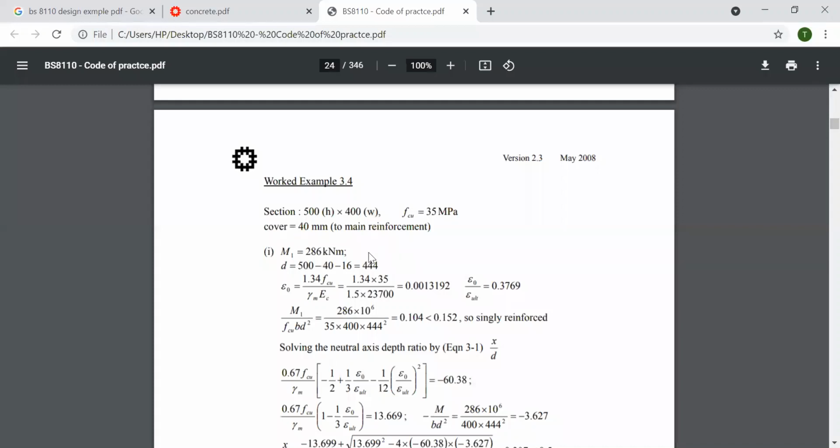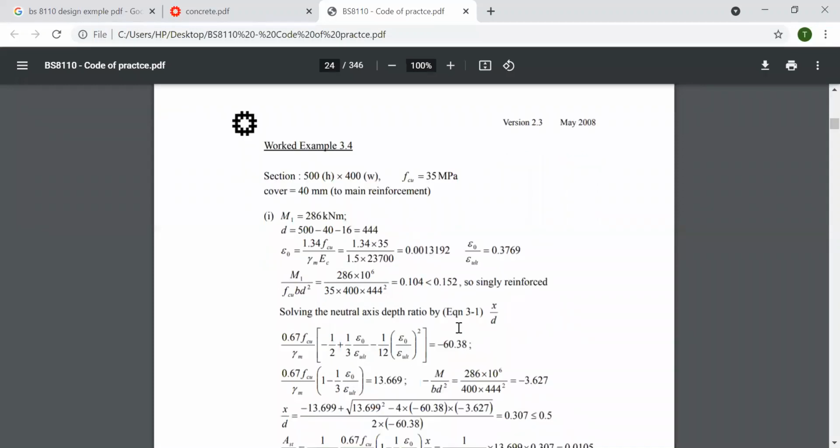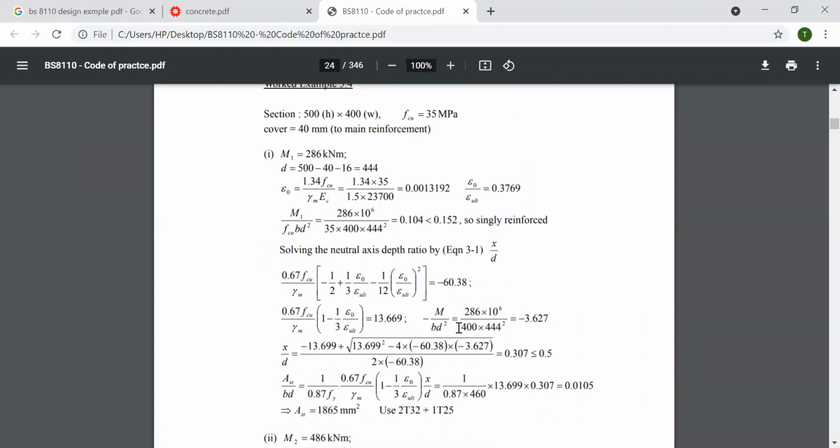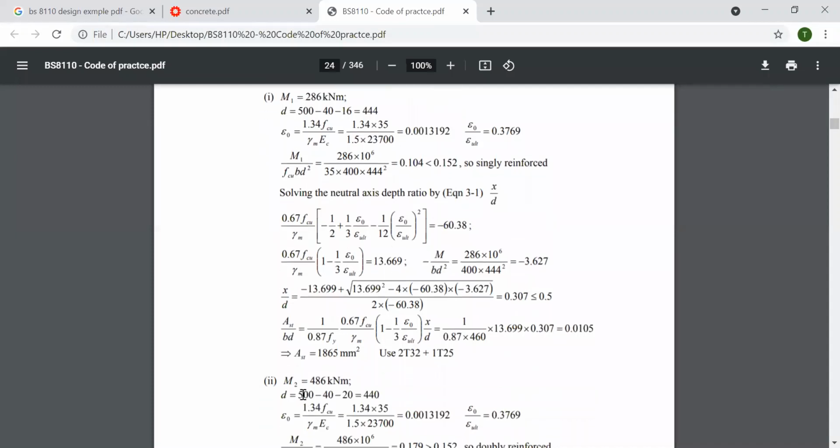Hereafter the effective depth d you can find, and K you can find, M1 over fcu b d squared, so it is lesser than 0.152. Some codes specify 0.156 in 1997, so don't worry about that. Since it is lesser than that, it is a singly reinforced section, otherwise it is doubly reinforced. Finally you will find the As required is 1865. It is used 2T35 plus 1T25.